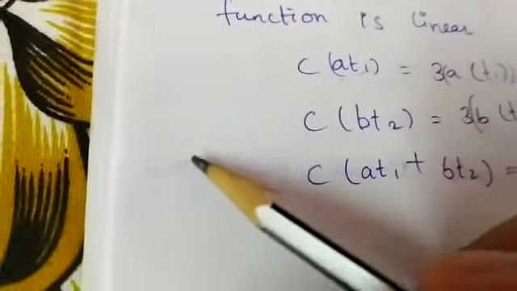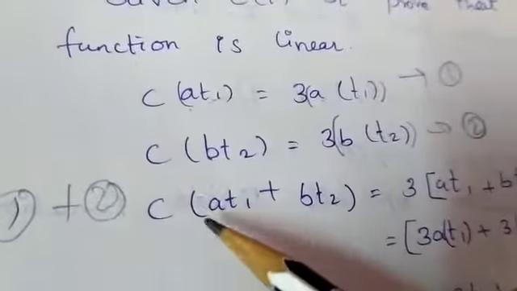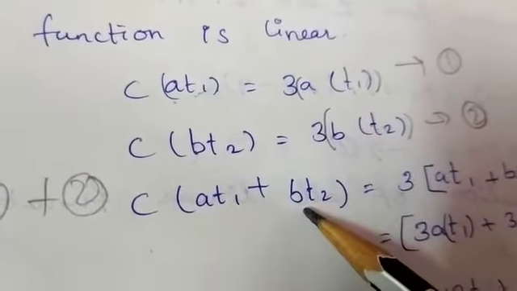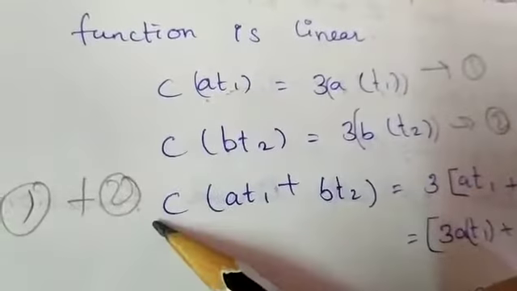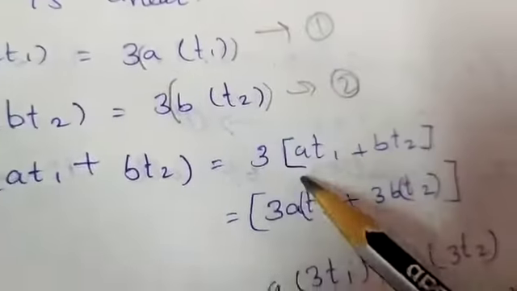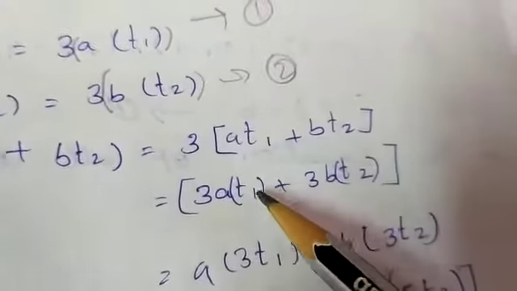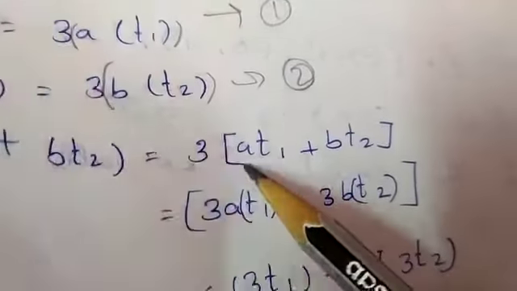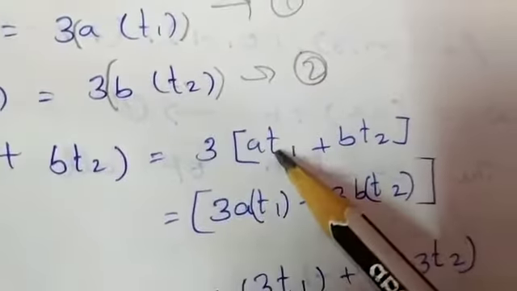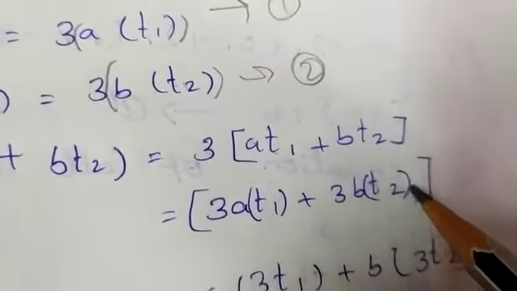Now I am just adding 1 plus 2. That is C of (aT1 plus bT2). I am taking C common outside, then it will become like this. Here also 3 I am taking common, it will become 3 of (aT1 plus bT2). Then you can take the 3 inside, it will become 3aT1 plus 3bT2.